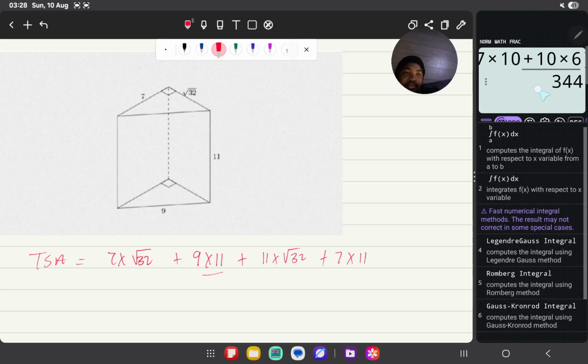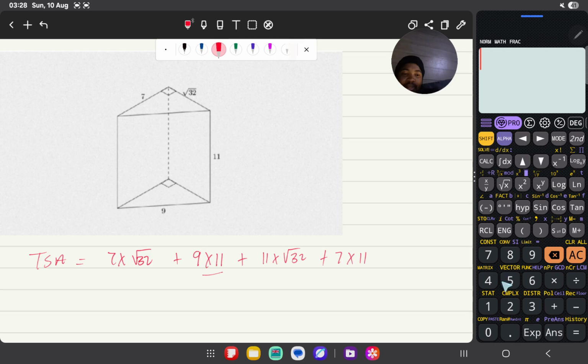So that means you have 7 times square root of 32 plus 9 times 11 plus 7 times 11 plus 11 times square root of 32.